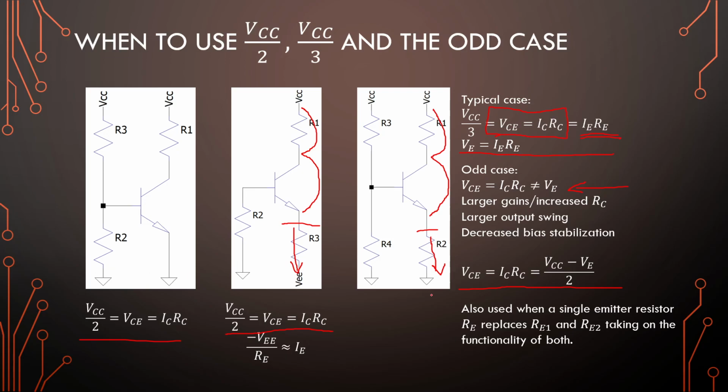So those are the basic scenarios that you get, and I don't ever want to see again in my life people using VCC over 3 for a configuration like this, or using VCC over 2 for a configuration like this, or VCC over 3 when we have a dual rail. Okay, never in my life do I want to see that again.